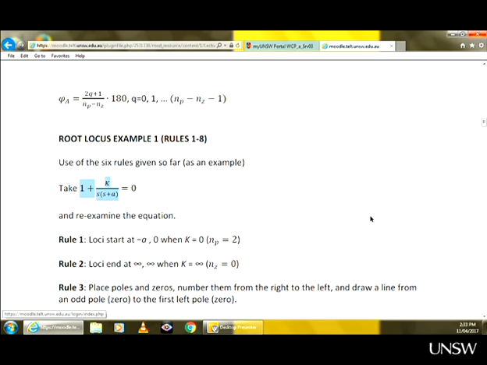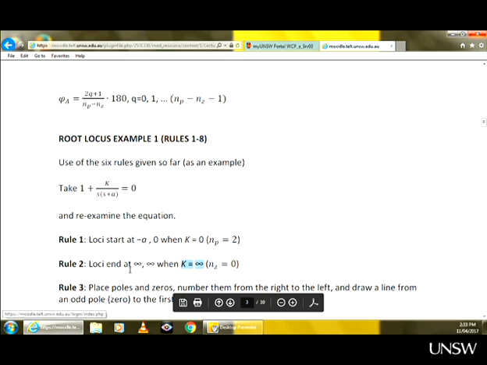So we don't know how many loci we will have until we apply all the rules, but at least the starting point of our root locus is the poles of the open loop transfer function. So it's 0 and minus A. So when k equals to 0, this is where we start. When k equals to infinity, this is where we end the root locus.